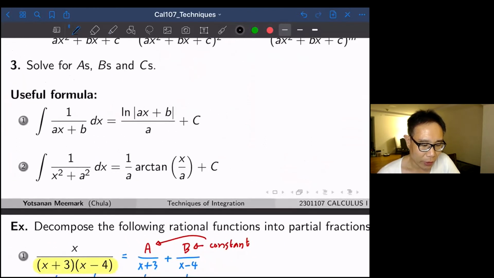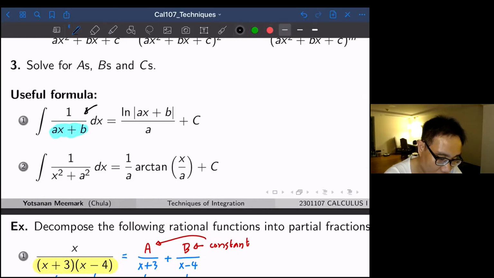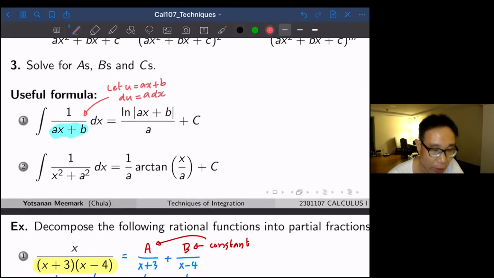When you'd like to integrate 1 over (ax plus b), you use a substitution. We let u be ax plus b, so du equals a dx, and you get dx equal to 1 over a du, and this 1 over a gives the additional factor.